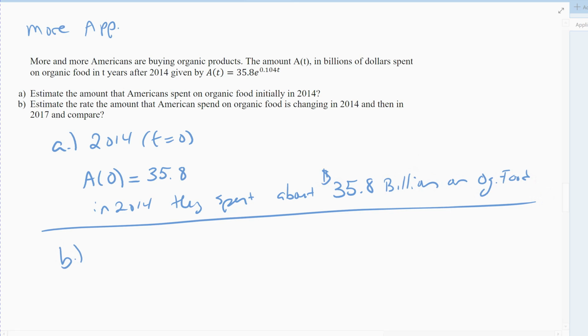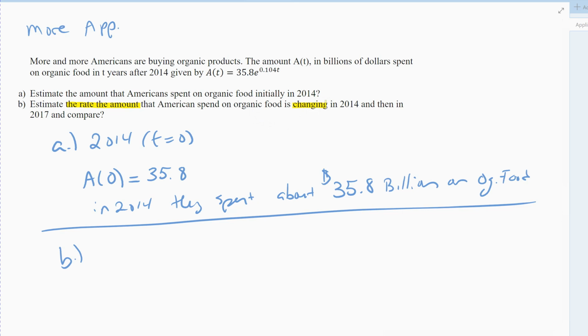The second part is asking for the rate of change. Those are the keywords that say I want the derivative. How is the function changing? What is its rate of growth? What is its rate of decay? So estimate the rate.